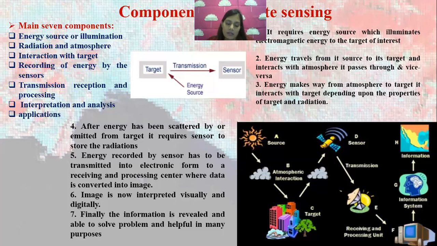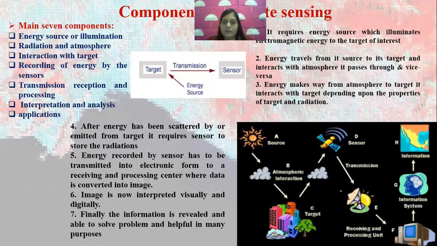As we know, radiation comes from the sun and interacts with the atmosphere. Then those rays come to the target, from the target again to the atmosphere, and from the atmosphere again to the sensor. Next is interaction with target, then recording of energy by the sensor, transmission, reception and processing. After that what will we do? Interpretation and analysis, and application of it.